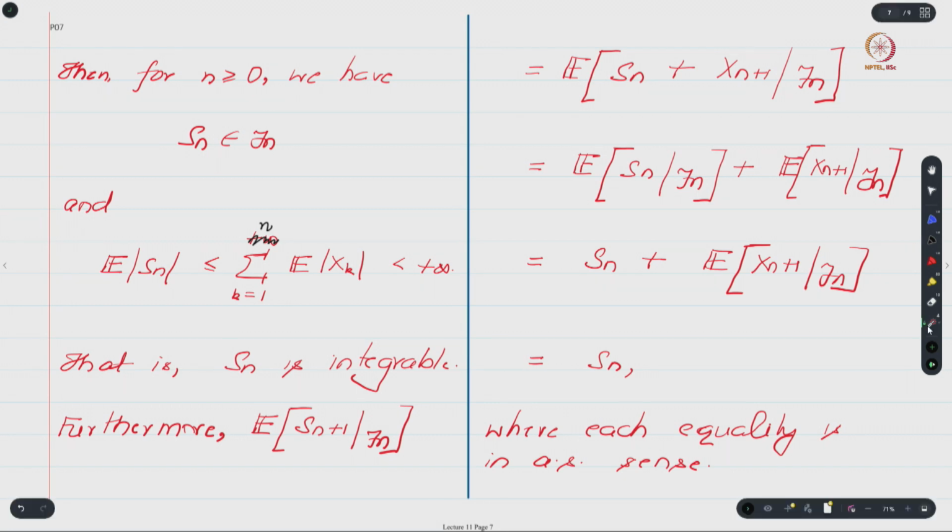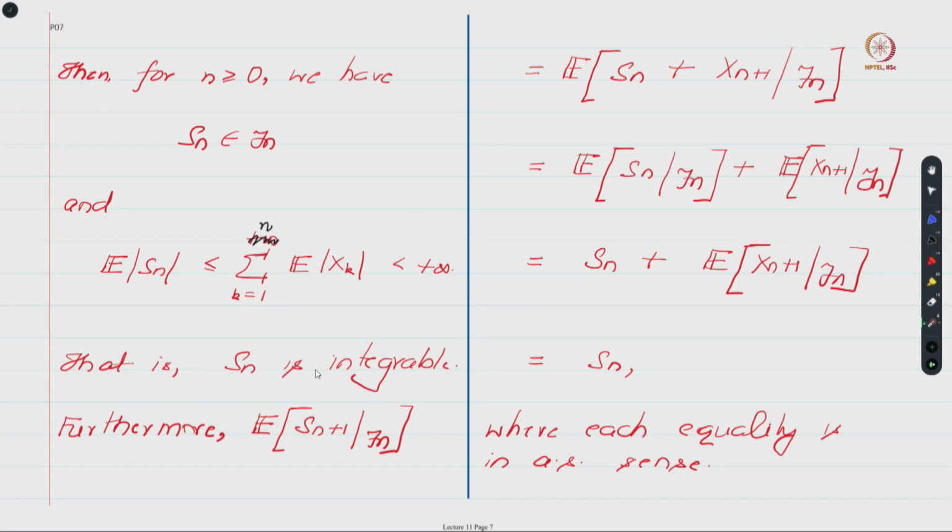Because each xk is integrable, each expectation is finite, and since this is a sum of finitely many finite elements, the sum itself is finite. In other words, the expected value of |Sn| is less than infinity, and hence we can conclude that Sn itself is integrable for each n.